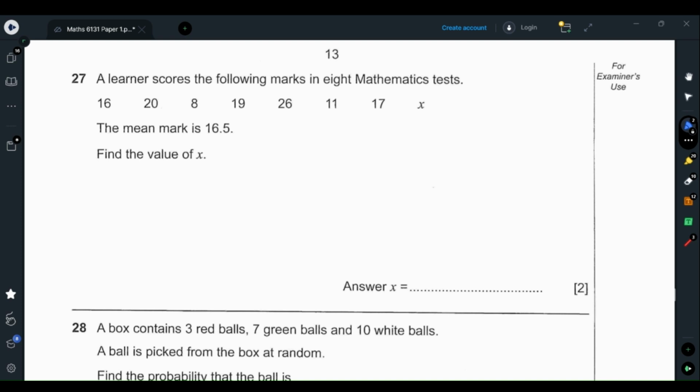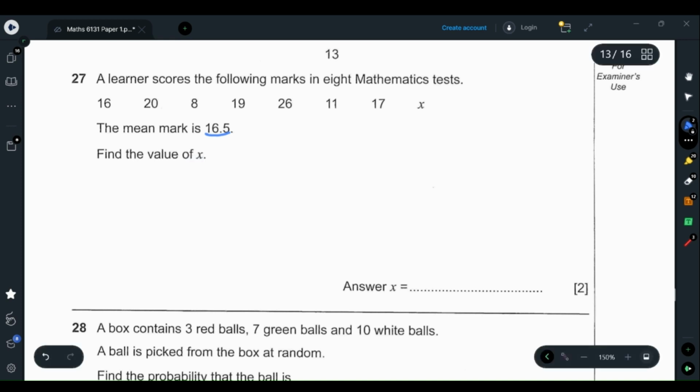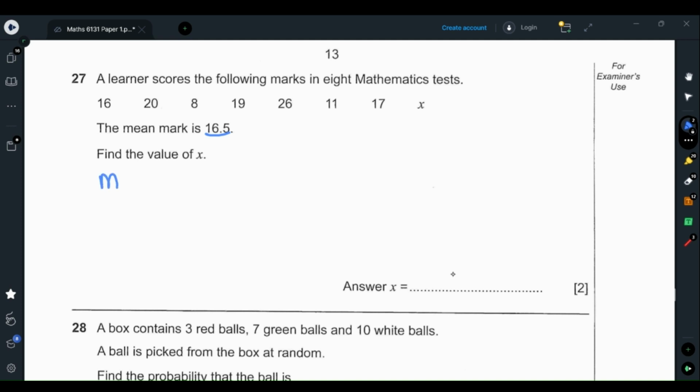Elena scores the following marks in a mathematics test. The mean mark was 16.5. Find the value of x. Okay, this is how you do this one. Mean is equal to 16.5.